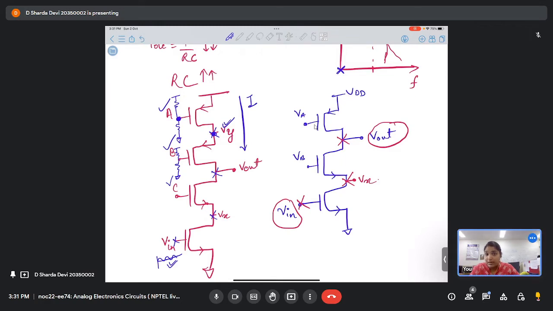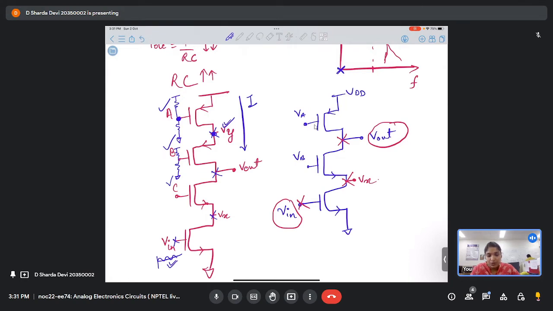But see, all the other top transistors are fixed biased, so they have the same gate voltage throughout. But what are we doing? At the bottom transistor, we are introducing a little fluctuation at the gate terminal.